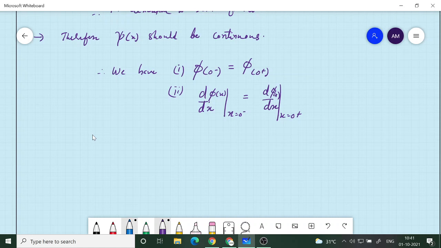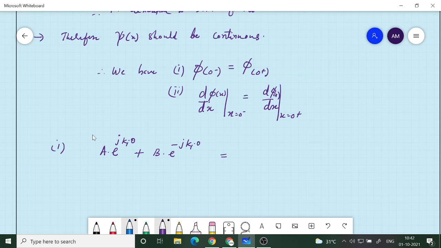So let's apply the first boundary condition. What is our psi of 0 minus? It is a into e raised to j k1 x plus b into e raised to minus j k1 x. That is on the left side. Now I substitute x as 0.